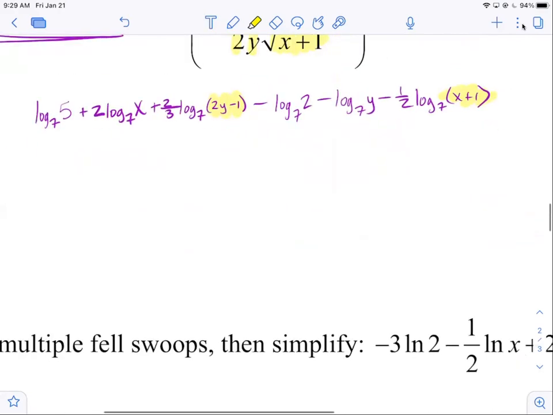All right, expand this one. Now that we did it together, do the same thing. Expand it in one fell swoop.